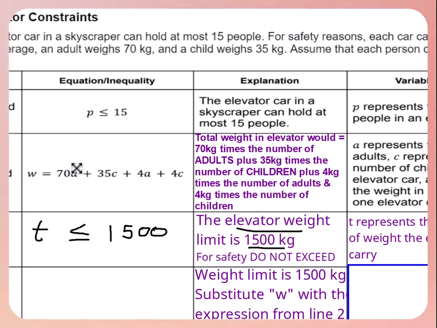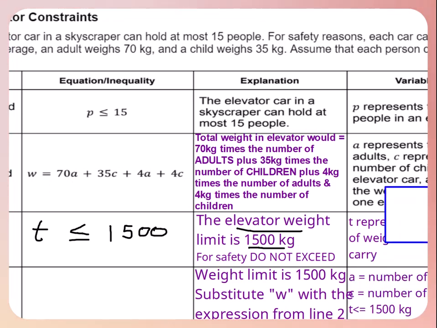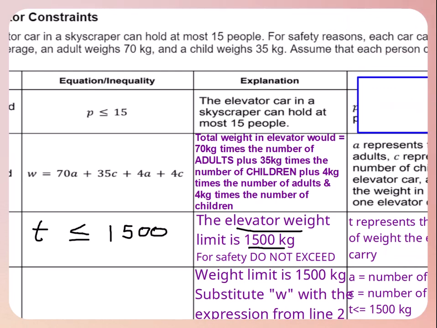I'm going to take that expression and substitute it into W. And I'm going to tell you what the variables represent. A is the number of adults, C is the number of children, and T, the total, has to be less than or equal to 1,500 kilograms. Total weight.